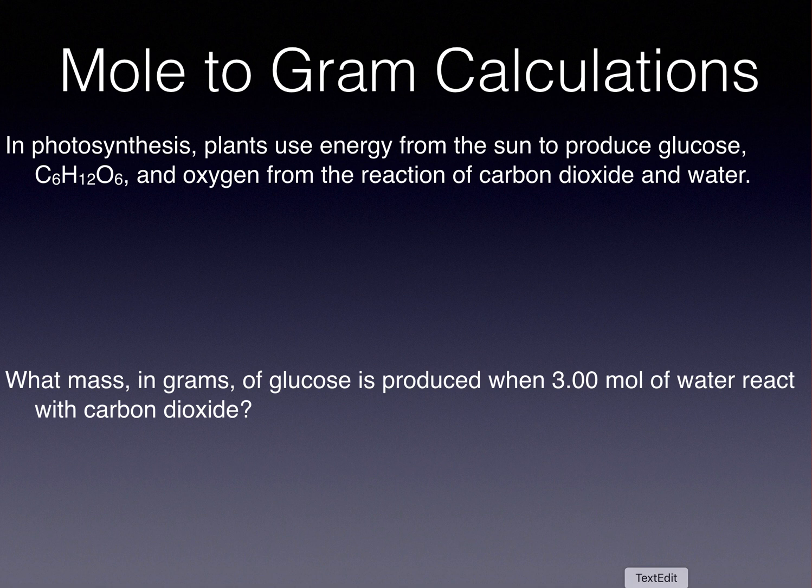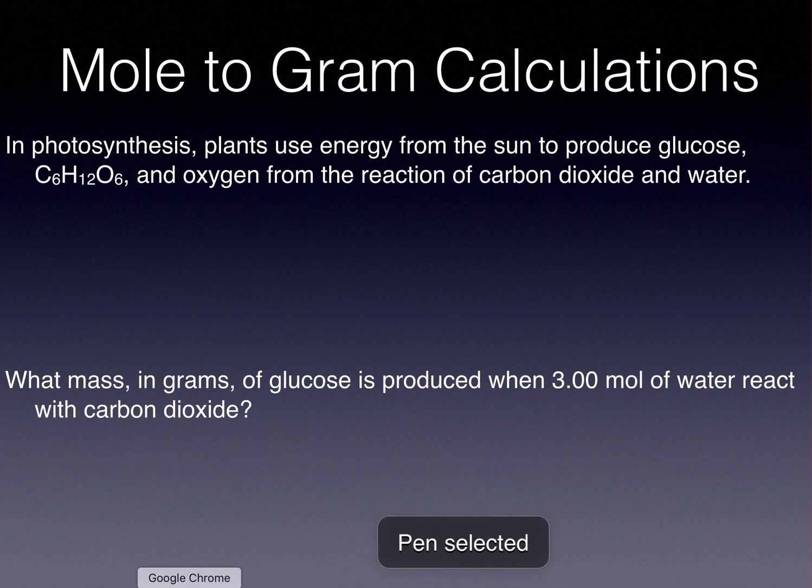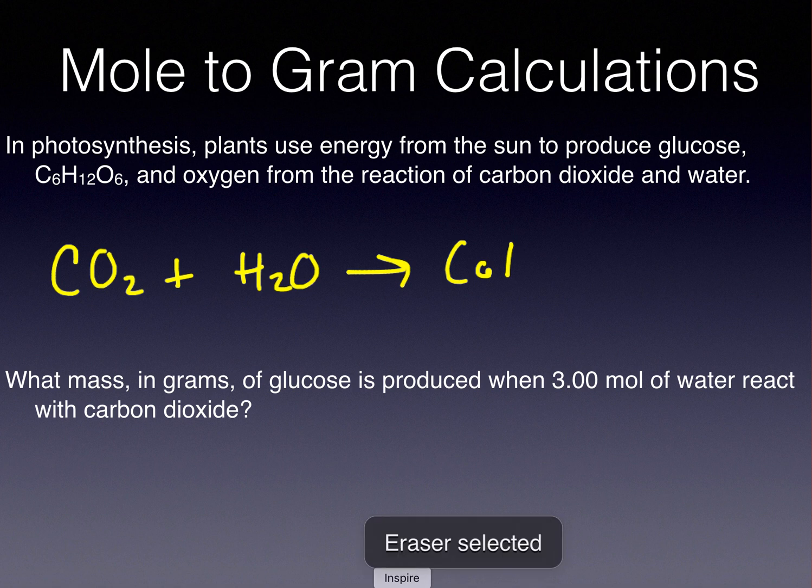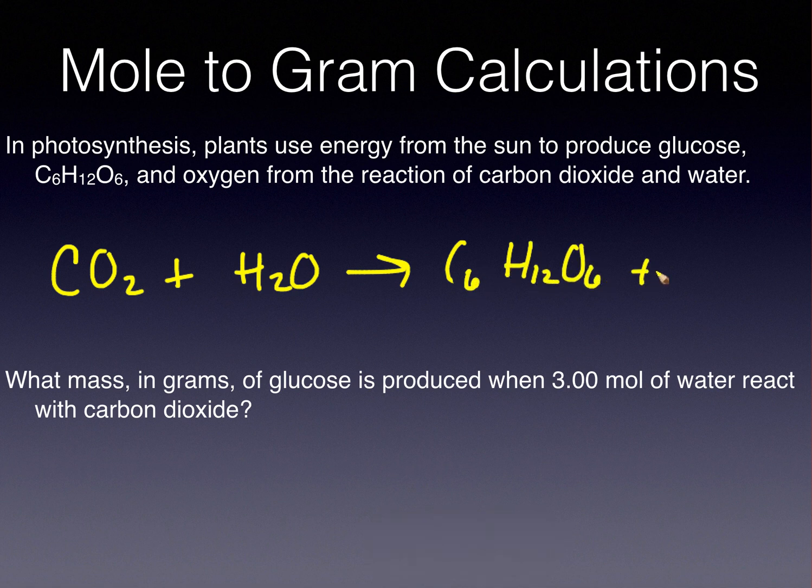So the first question says, in photosynthesis, plants use energy from the sun to produce glucose, C6H12O6, and oxygen from the reaction of carbon dioxide and water. So we'll put our equation here. We have CO2 and H2O will produce glucose and O2.